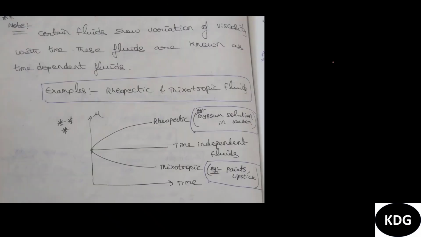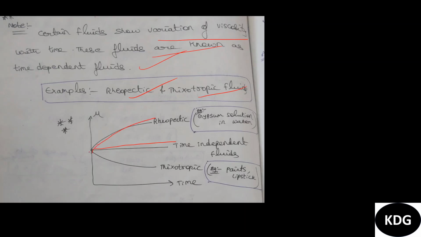Last, certain fluids show variation of viscosity with time. These fluids are known as time-dependent fluids. Examples are rheopectic and thixotropic fluids. The non-Newtonian fluids we learned before are time independent; these are time dependent.